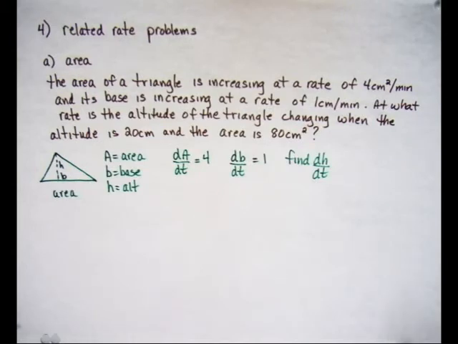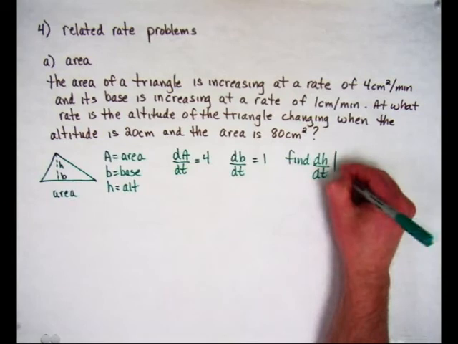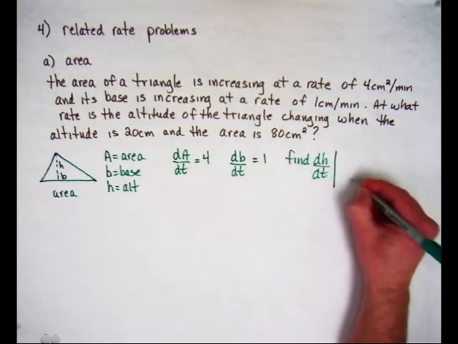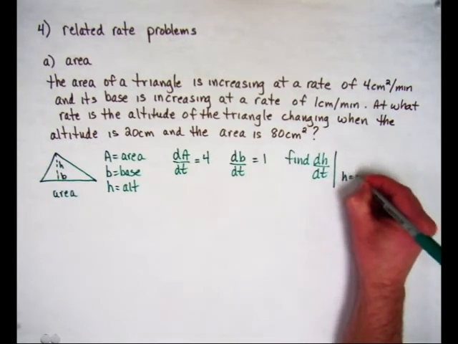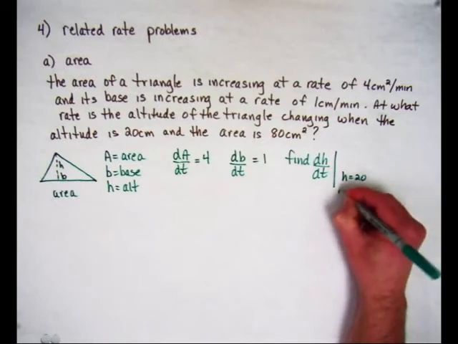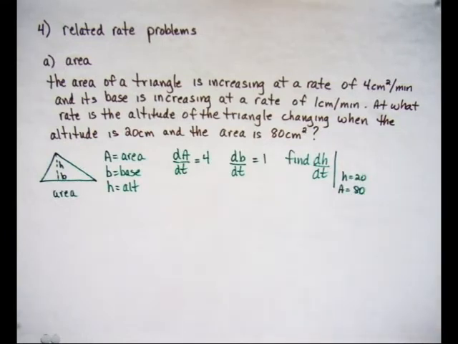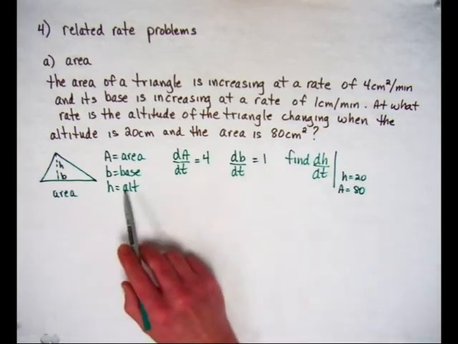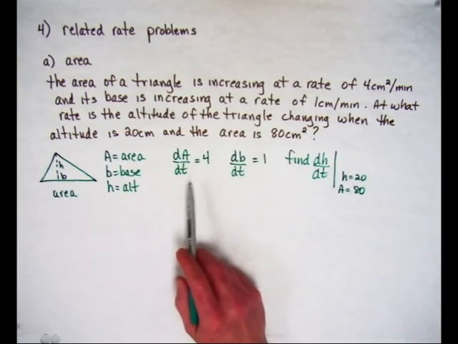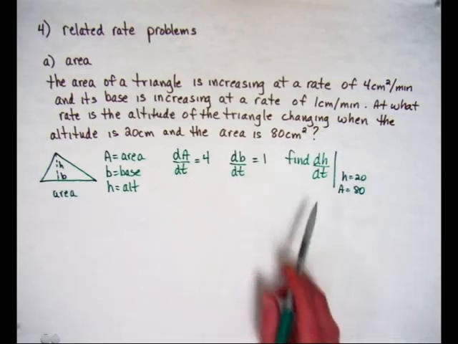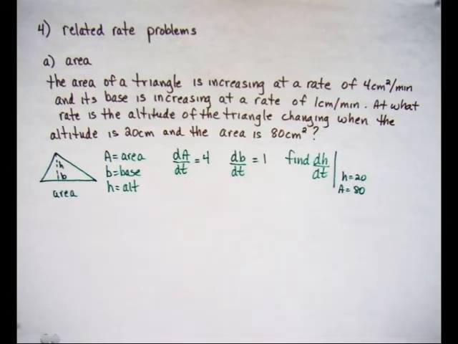You're looking for dH/dt when the altitude is 20, when h is 20, and when the area is 80. So there's your setup. You want to identify any variable that's changing and then write them as derivatives. Some of them are given, some of them are the goal of the question.